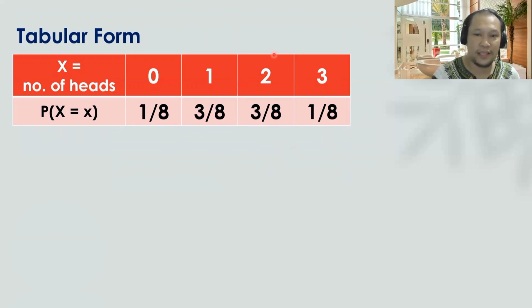Now, this is in tabular form. We have the number of heads, or the random variable, 0, 1, 2, and 3, and its corresponding probability.